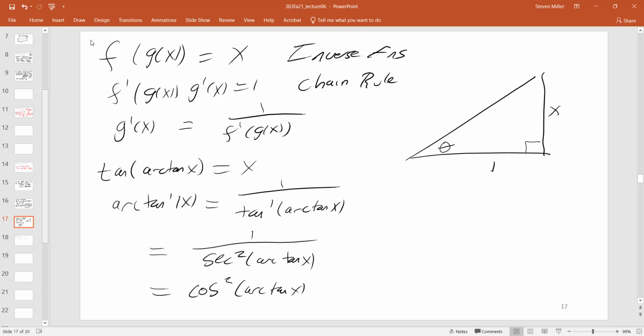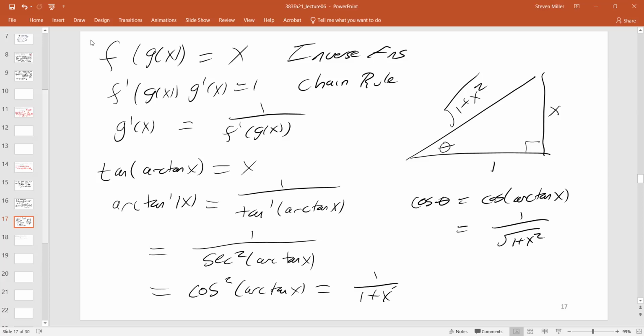So the square root of 1 plus x squared. So that means that the cosine of theta, the cosine of arctangent of x, is 1 over the square root of 1 plus x squared. So that means cosine squared of arctangent of x is 1 over 1 plus x squared.